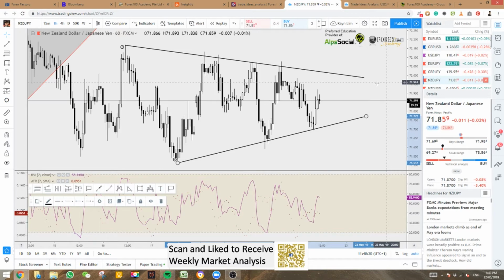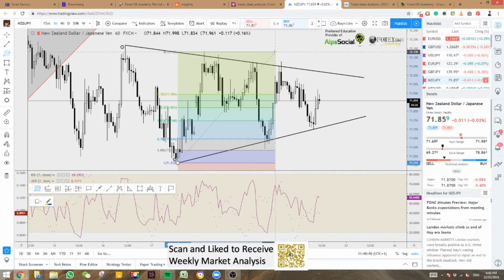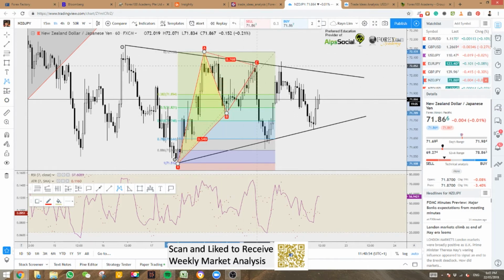Alright, so for traders who are not very particular with some of the rules in the harmonic pattern, this might already be a very profitable trade for you. For me, when the C price touches A, it is invalid. Some traders don't see that as an important rule or filter for them, which is fine.